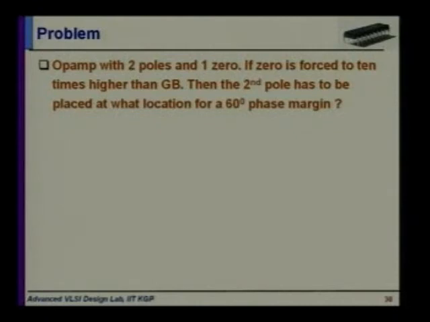A right half plane zero will increase the gain and decrease the phase. Suppose the phase starts falling from 180°. So what would be the equation of phase at the gain bandwidth frequency?